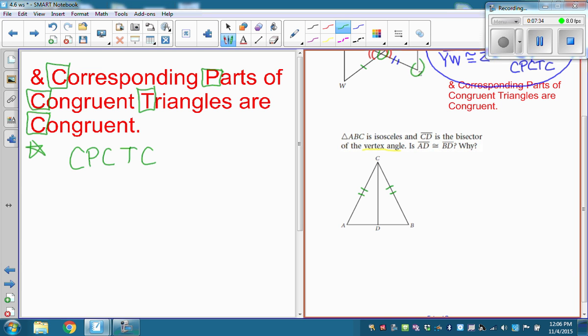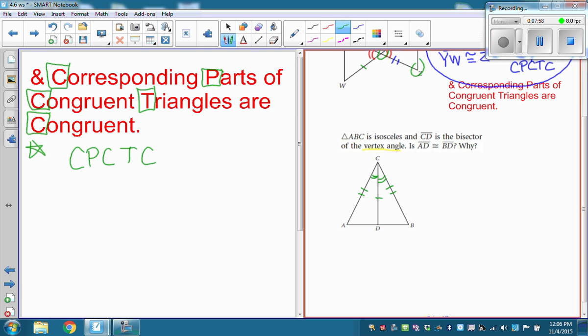So how would you mark the picture? The angle on both sides. Yeah, so you would do little marks like this, right? Okay, so what else do you know, Jake? CD is congruent to itself.